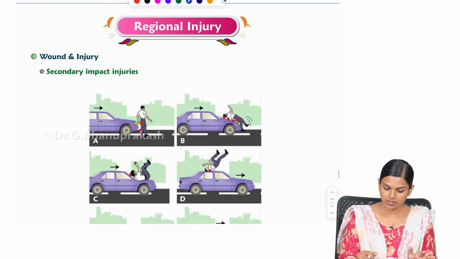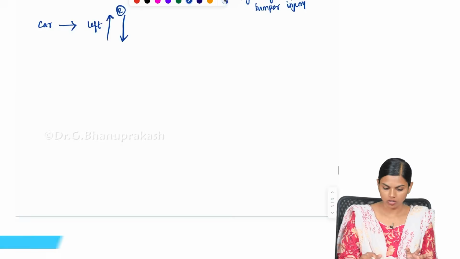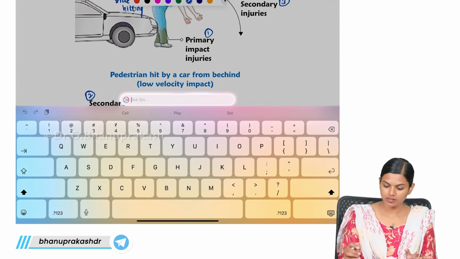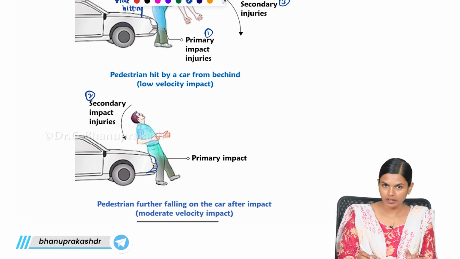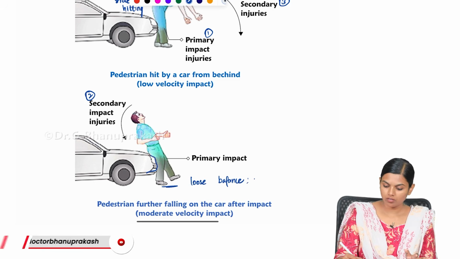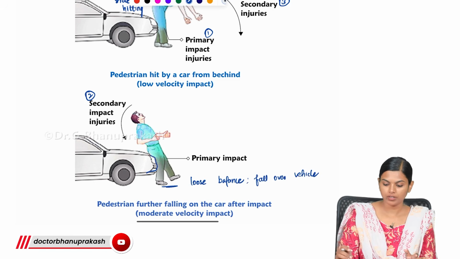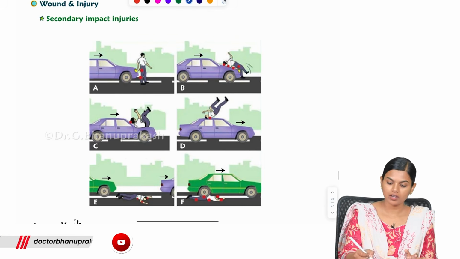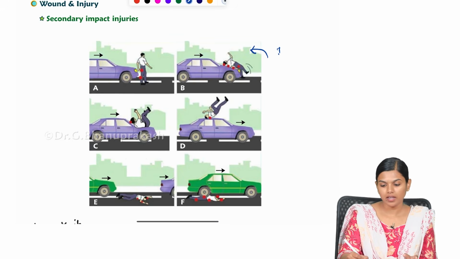Next, what we have is secondary impact injury. Once the hit is done, when they got hit, what will happen? They will lose their balance and they will fall over the vehicle. So there is again an impact, right?